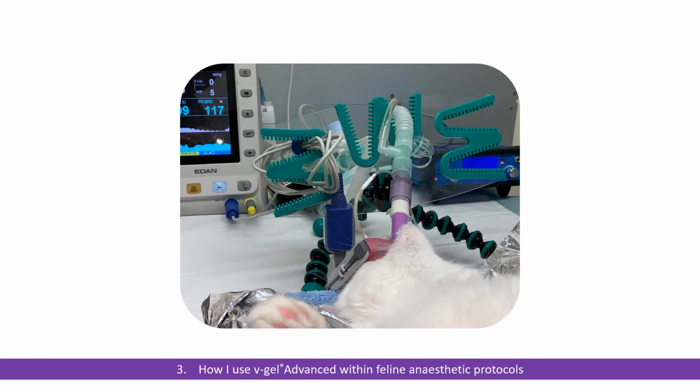You can see my capnograph in place, you can see the pulse oximeter in place, and you can see that I'm using the D-grip to support and tidy the cables for my monitors. On the right hand side there you can see my small animal ventilator, and I do try and ventilate most of my small patients. It makes things much easier as an anaesthetist.